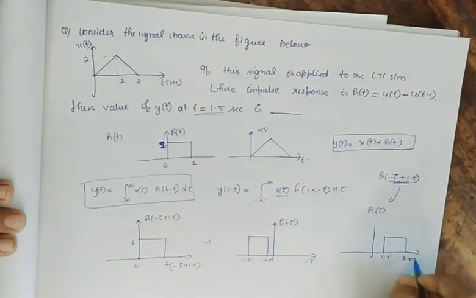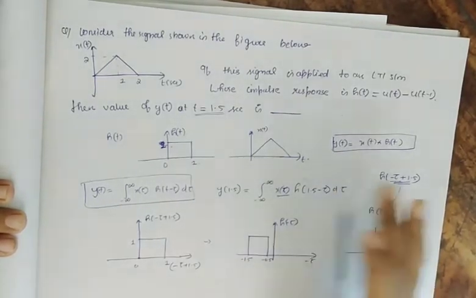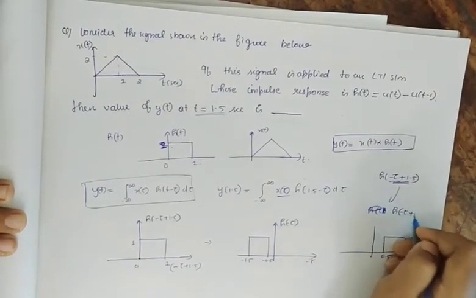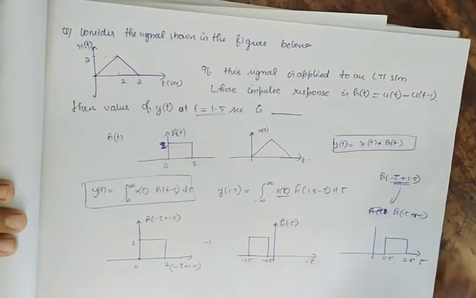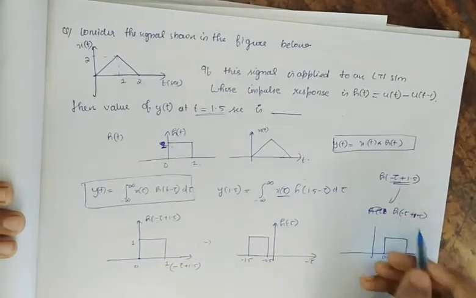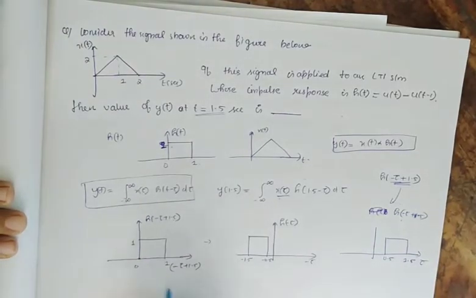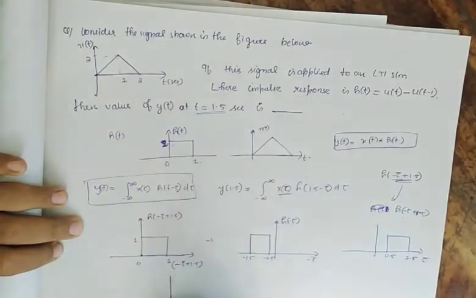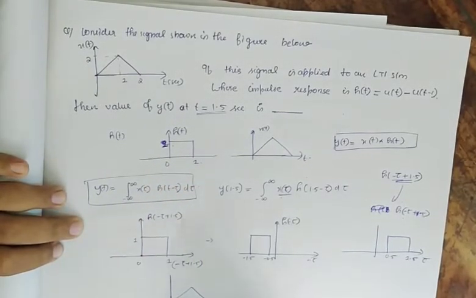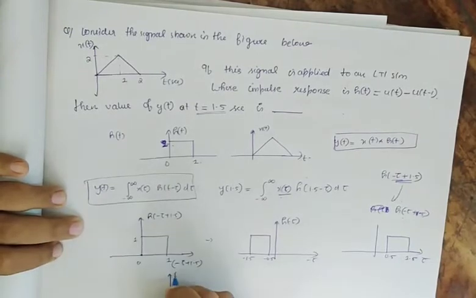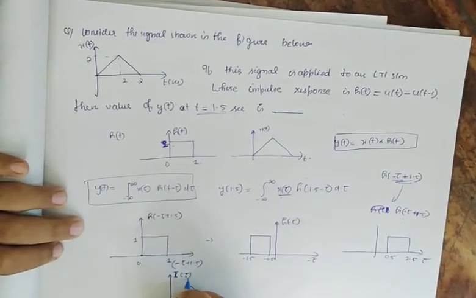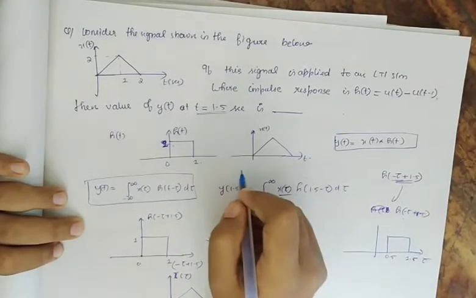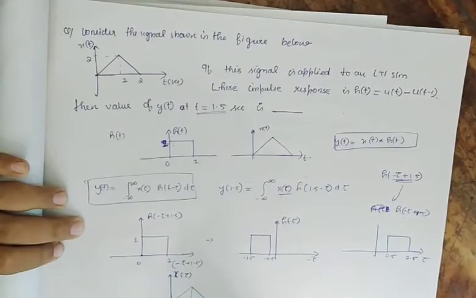Okay, so I'm going to use this. I'm just going to write it like this only. Minus tau plus 1.5. So this is actually multiplied with x of tau. What is x of tau? X of tau is this one. I'm just going to change the variable. Instead of t we are using tau, that's all. So x was 1, 2, right?